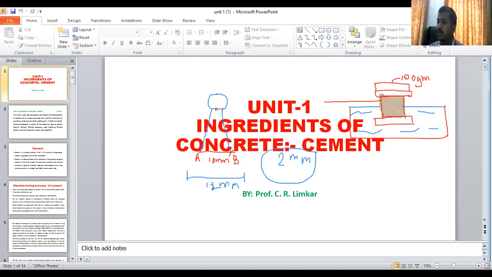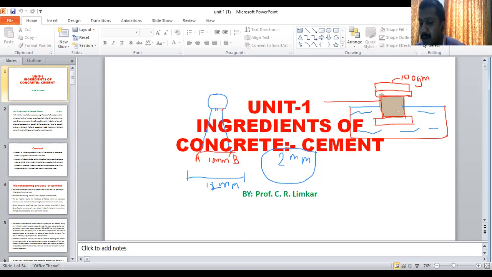This is the reading that you require: the difference between the distance between the two indicators after boiling and before boiling. That expansion should not be more than 10 mm at any cost.